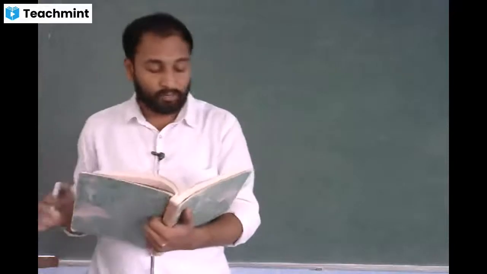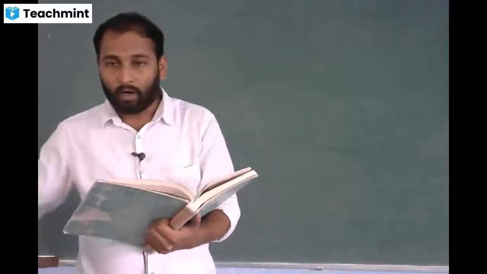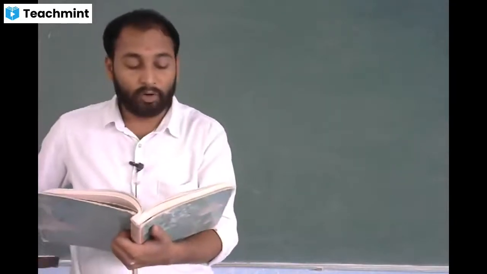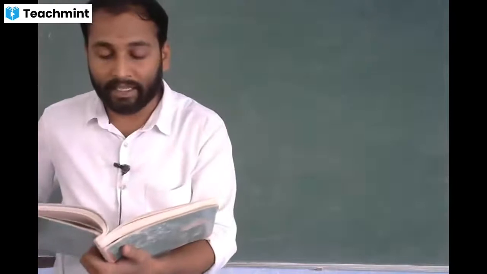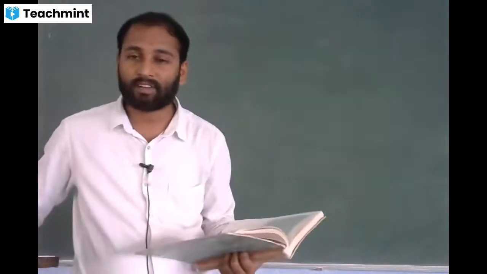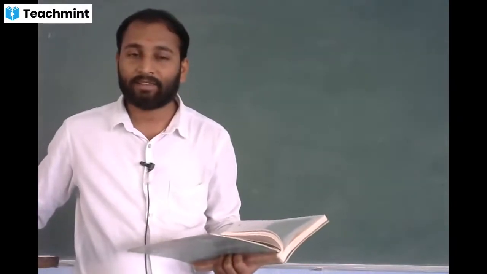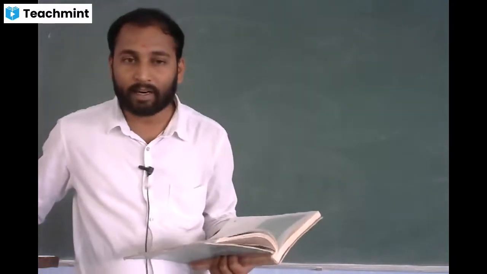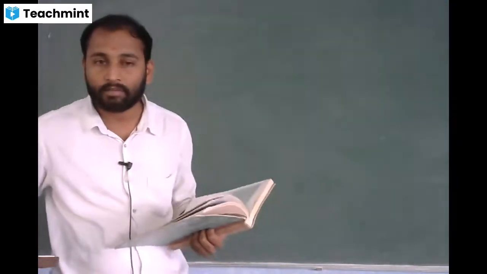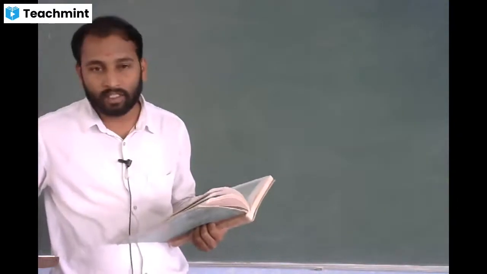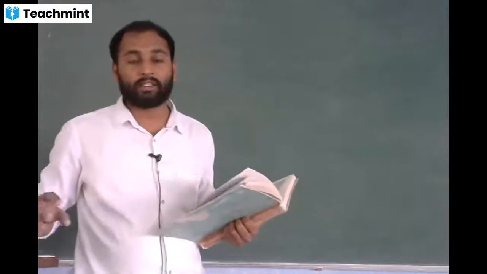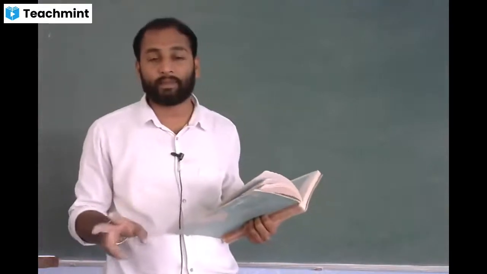So next question, Rahul. The change in the focal length of the eye lens is caused by the action of ciliary muscles.